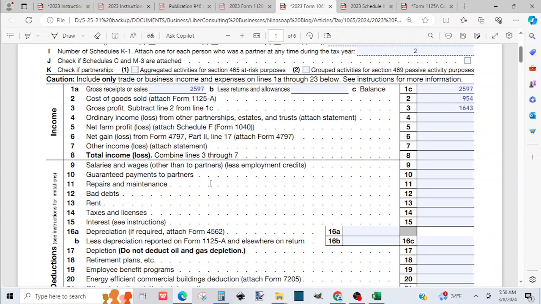And while we are there, if you have a rental property, you are not going to put your information on page 1. Your income and expenses are not going to go straight on 1065 page 1.